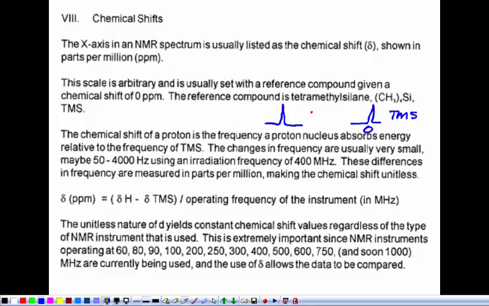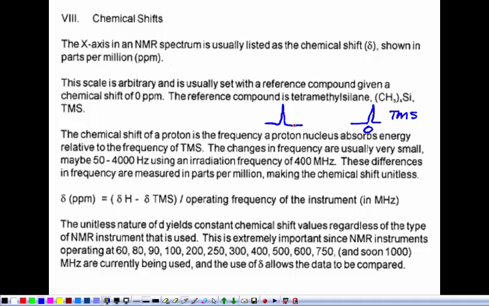It just shows up at 4 or 5. The other thing is that TMS sometimes has to be removed from a sample if you add too much of it. So TMS boils at about 30 degrees. And so if you just let your sample sit out, the TMS would evaporate. But that's not much of an issue, or not as much of an issue as it used to be.